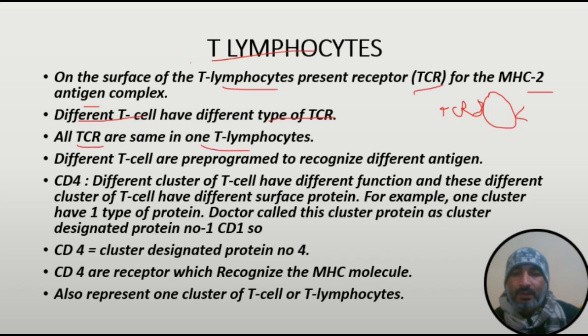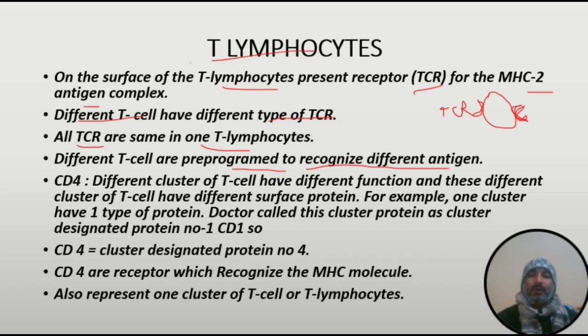So in one T lymphocyte all TCRs will be the same. I am showing V, but for example this is one T cell, so here we also have a cup shape TCR. So different T cells are pre-programmed to recognize different antigens because they have different receptors.